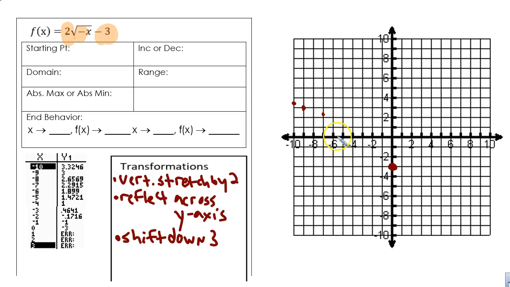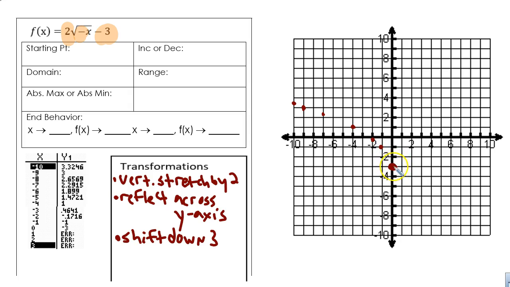Let's see, how about negative 4 comma 1? I'm not getting every single one of them, but I want enough so that I can see what's going on. Maybe negative 2 comma negative 0.17. So here is about where we're crossing the x-axis. And then negative 1 comma 1 and 0 comma negative 3.